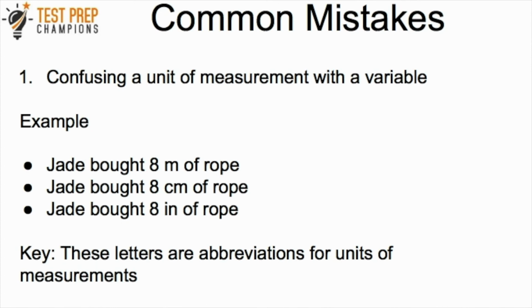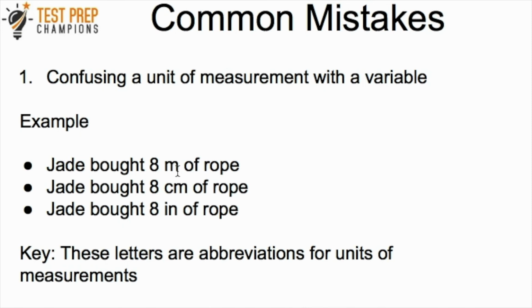So a common mistake, one, would be confusing a unit of measurement with a variable. For example, some test takers would see "Jade bought 8 m of rope," and the m here stands for meters, right? Just like in this example, Jade bought 8 centimeters of rope, or Jade bought 8 inches of rope. But the mistake would be thinking that this m here represents a variable.